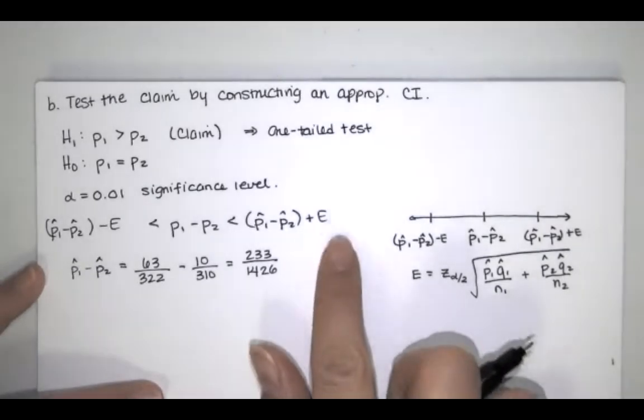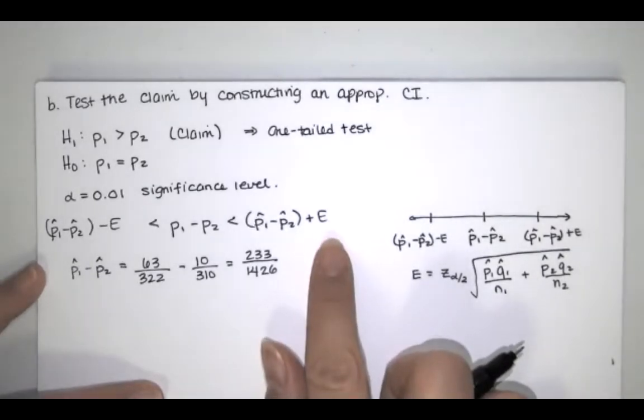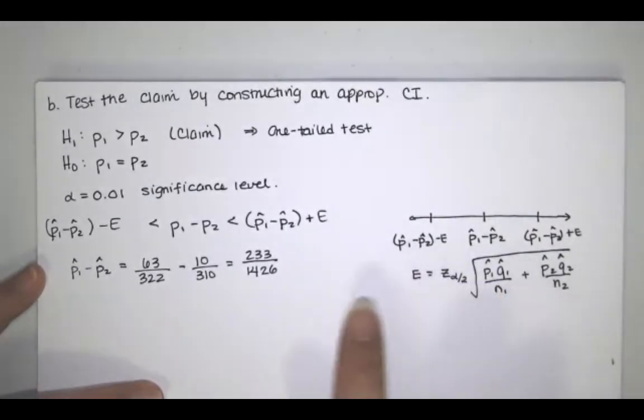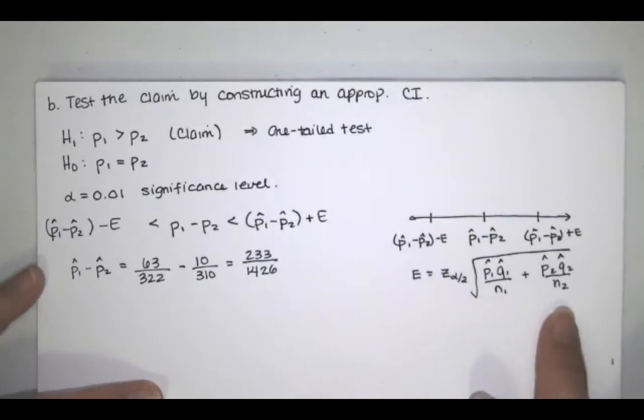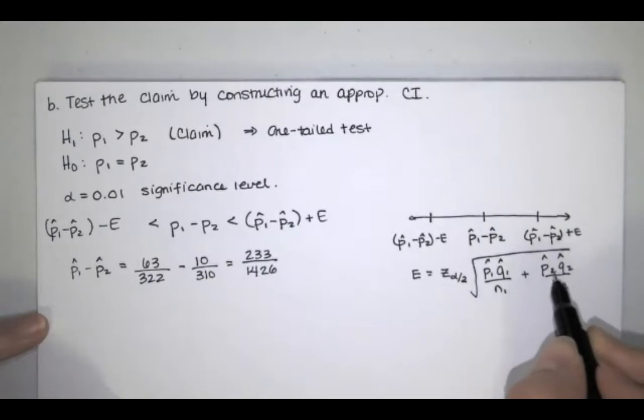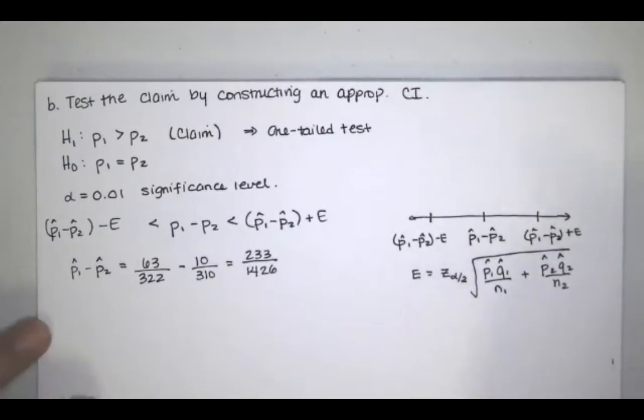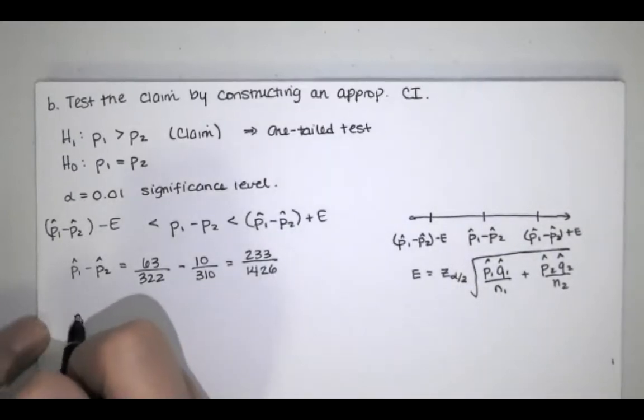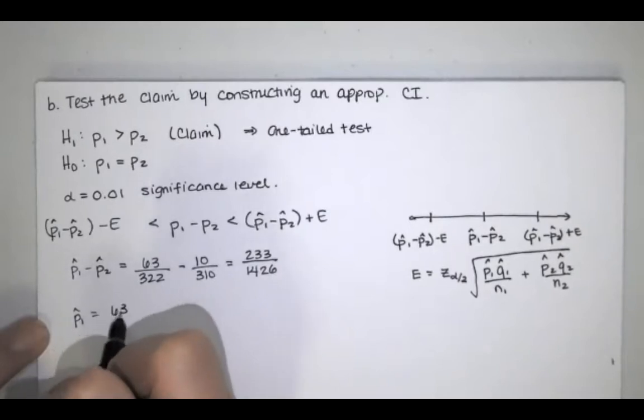The question now is, what is our error equal to? In order to find the error, we need to identify N1, N2, P1 hat and Q1 hat, P2 hat and Q2 hat, and Z sub alpha over 2. We already know P1 hat is 63 over 322.